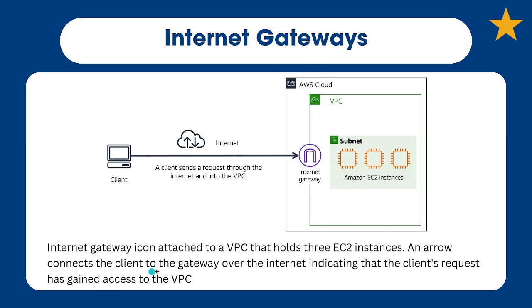An arrow connects the client to the gateway over the internet. The client would be a customer, for example, trying to access information from your app. So your app exists in this nicely secured VPC, but some resources you do want to send to your customers. You don't want everything to be private. That's where an internet gateway comes in. The client sends a request through the internet and into the VPC, made possible through this gateway.